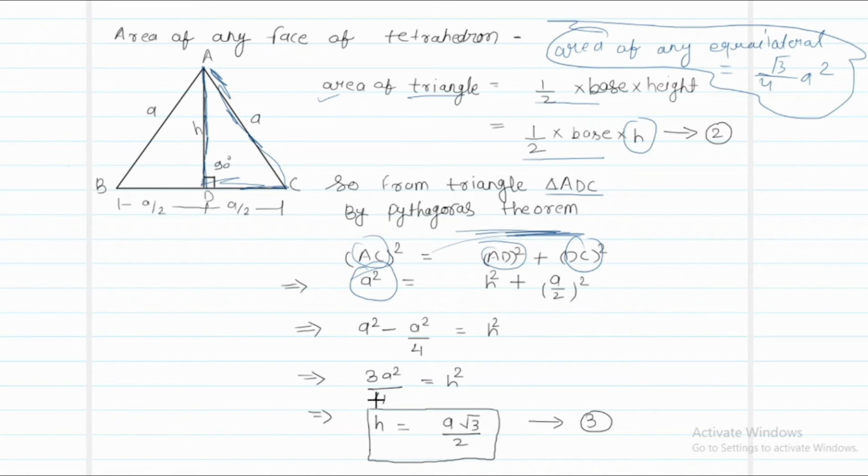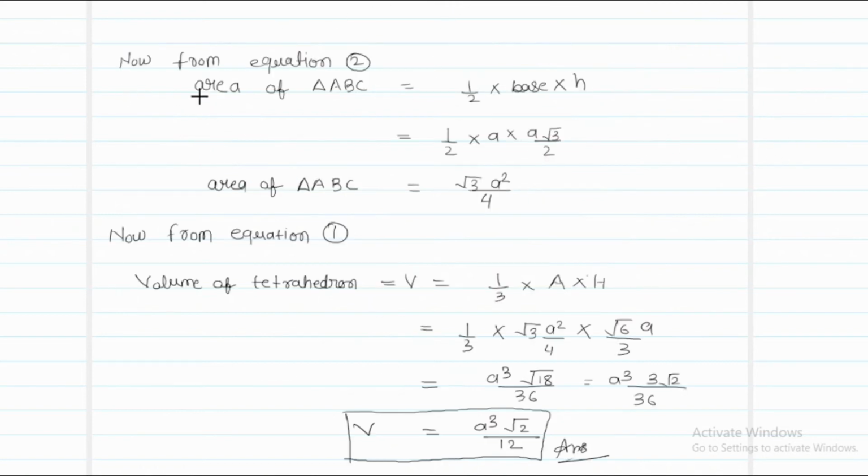By solving it, we have found h equals a under root 3 upon 2. We will put it into equation 2, and from equation 2 we get the area of triangle ABC, which is root 3 a square upon 4.